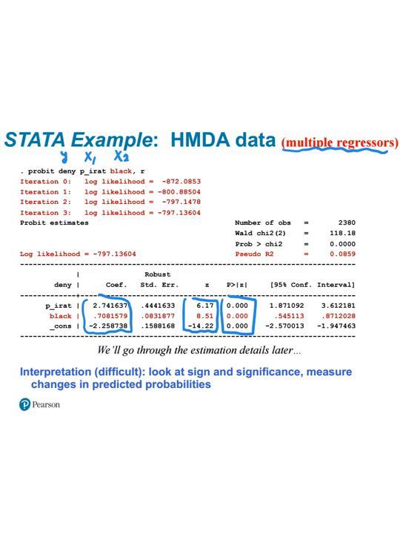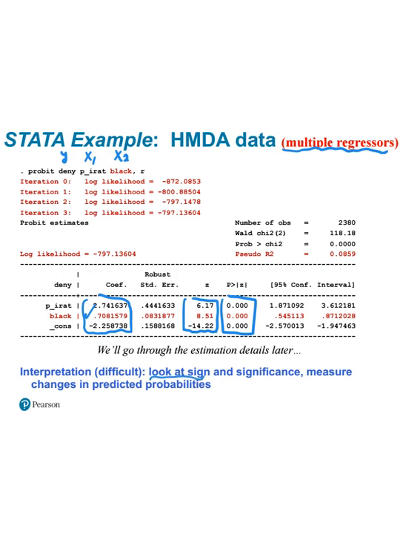Again, let me wave my hands theoretically once more, and quite literally where I'm sitting right now. Interpretation-wise, do not try to interpret the actual coefficients. Let's say on black, being 0.7. Don't interpret that as increasing the likelihood of being denied by 70%. Let's not go that route. But instead, look at the sign.